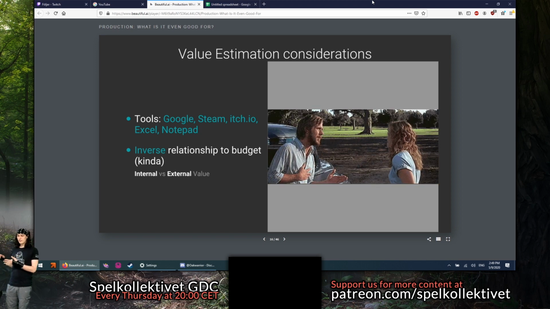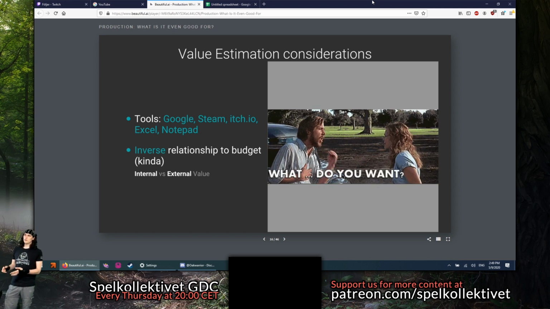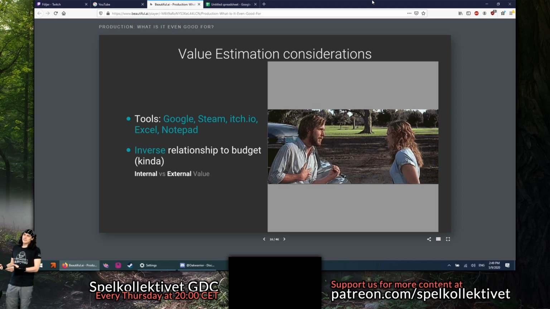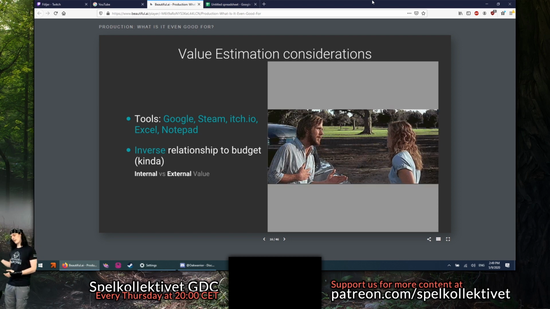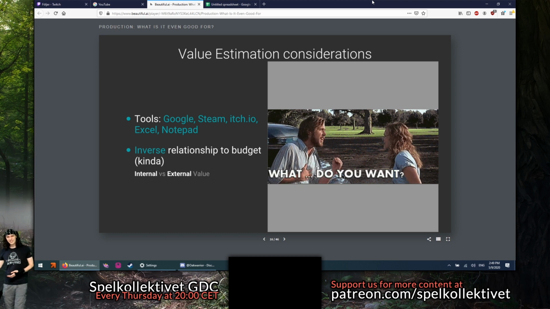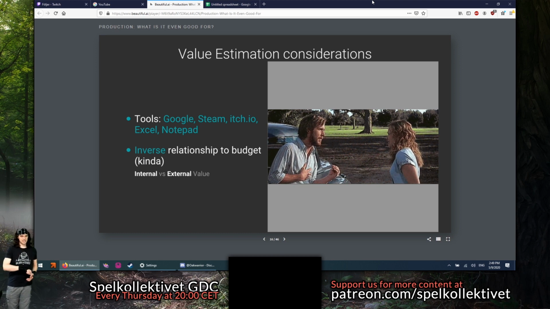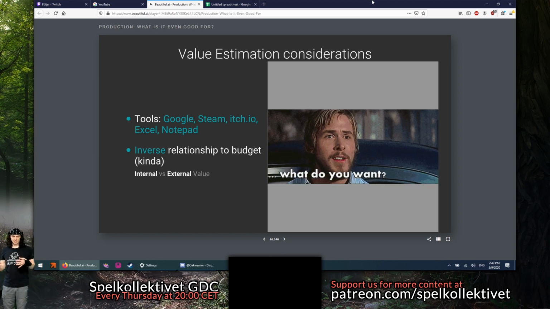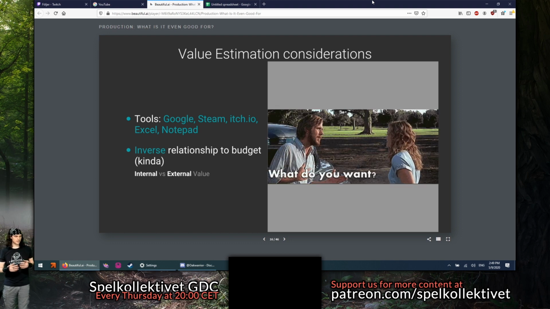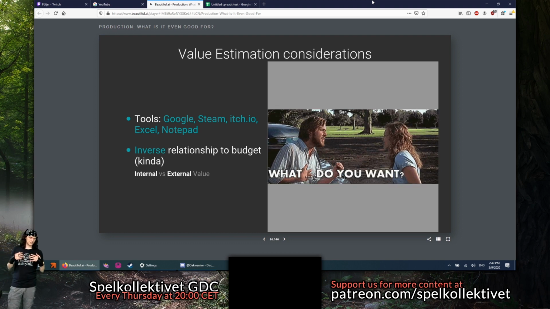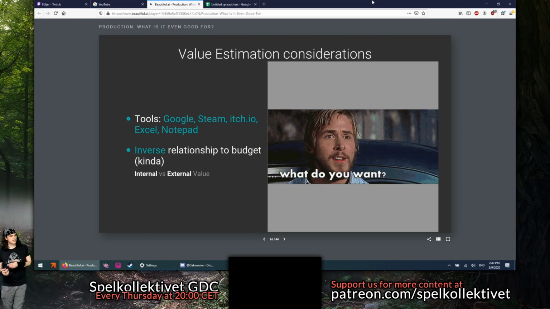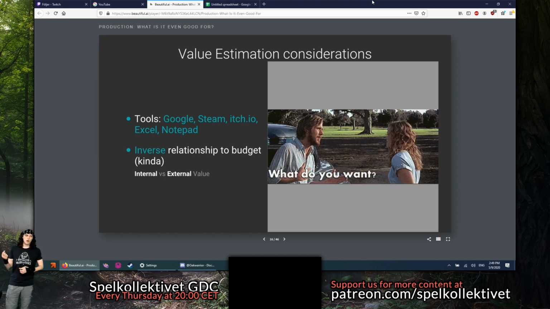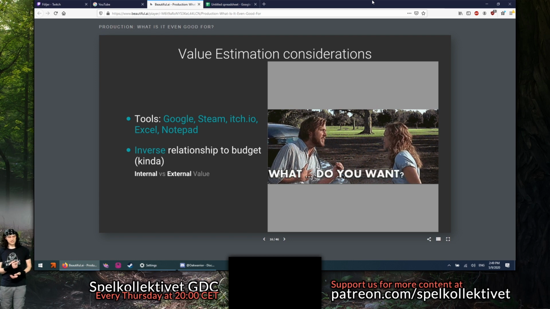And with value estimation, you are going to be gauging how well you can hit a high review score on Steam compared to the resources that you have. So when budgeting itself is mostly focused on how you can spend resources on getting where you need to be, then value estimation tells you what are the best places to be at, basically.